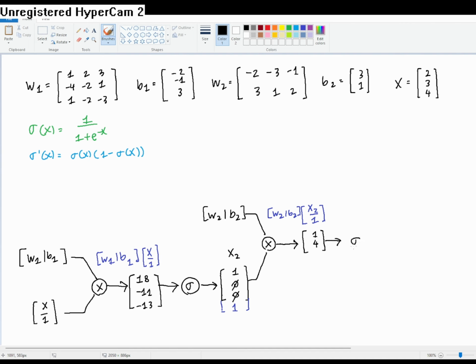And this is par for the course. We're just going to apply a sigmoid activation function to each of these, and we're going to get 0.73 and 0.98. That's your forward pass.